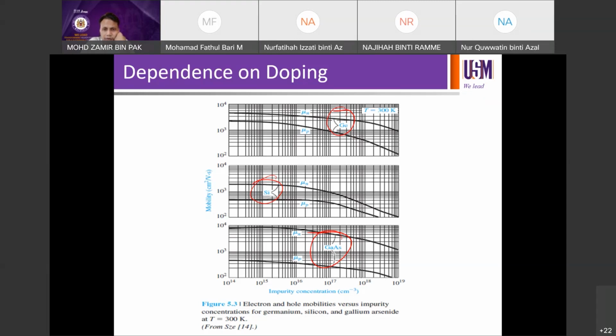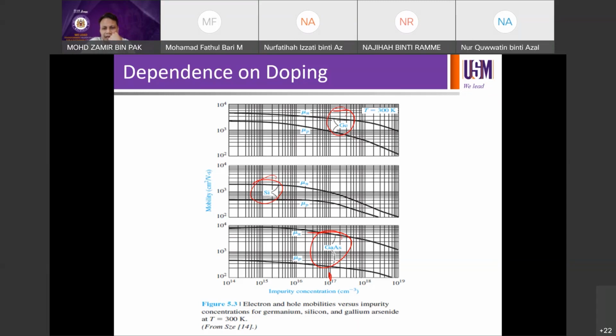So what do you get for electron mobility in germanium? Coba tengok. Look at the top graph. What do you get as your electron mobility in germanium at 1 times 10 to the 17?